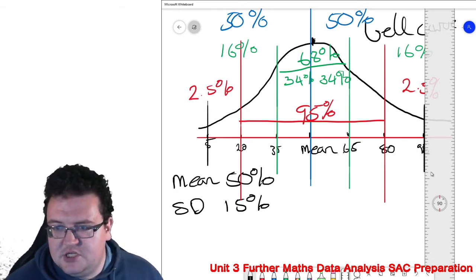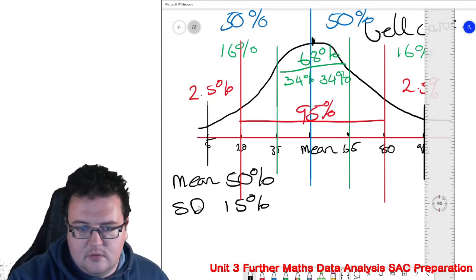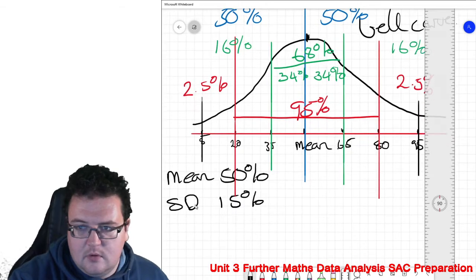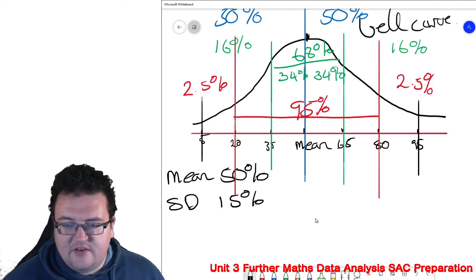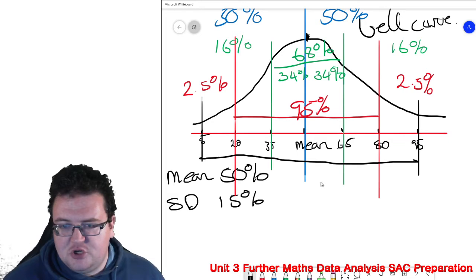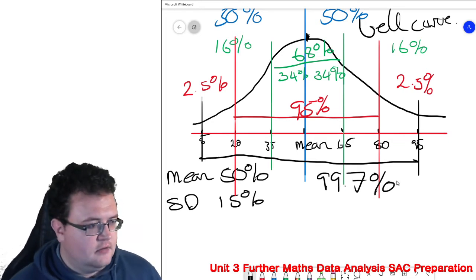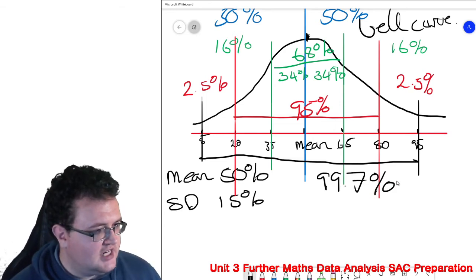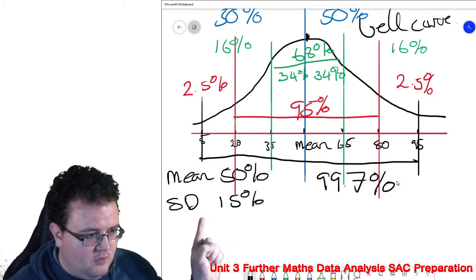Three standard deviations, so between here all the way over to here, should be 99.7% of your data. 99.7% of your data should be between 5 and 95, based on the information that we've already given you.